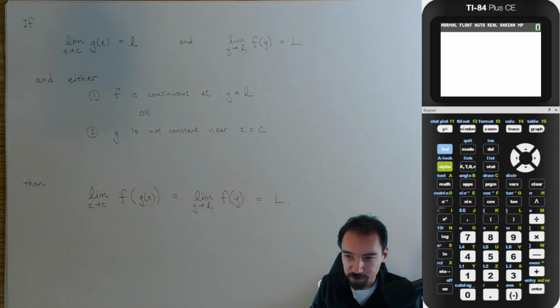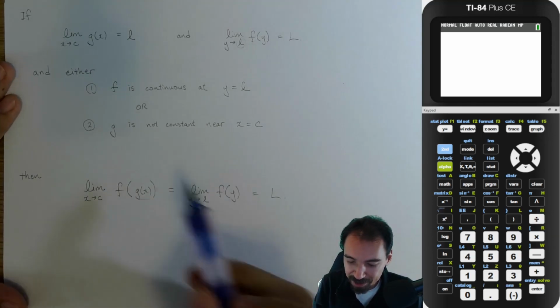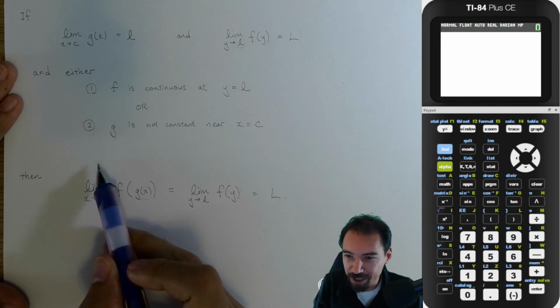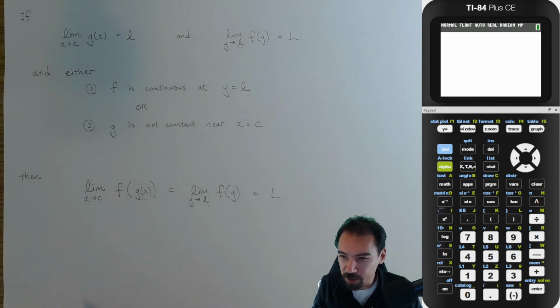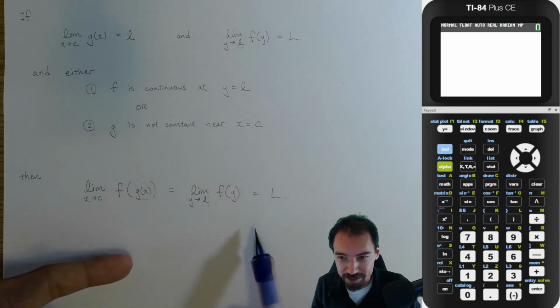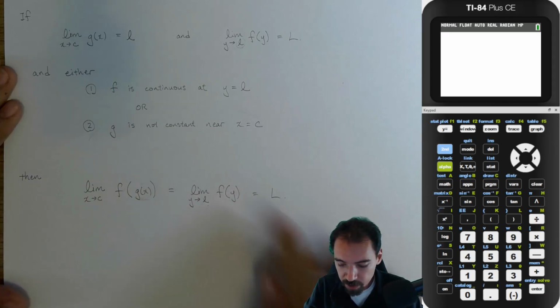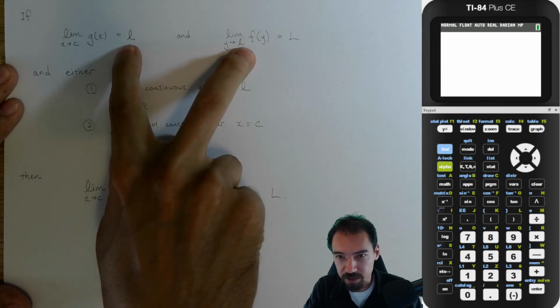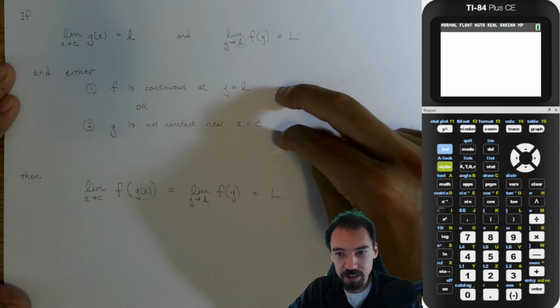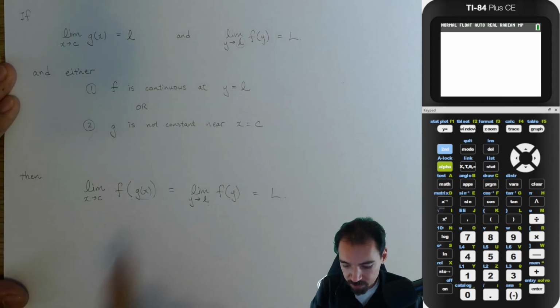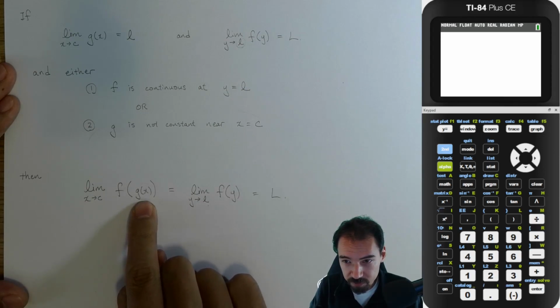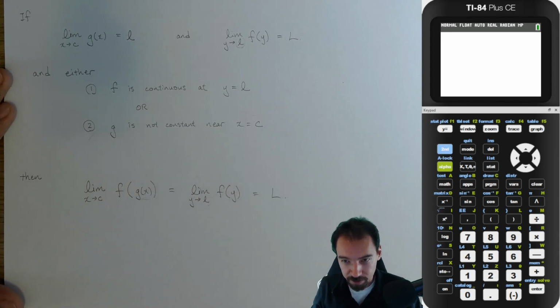It's a very technical thing, because if this happens to not be true and that happens to not be true, you can come up with very peculiar functions that break this idea. But either way, if these two limits exist, and if either one of these is true, then we're able to do the limit of the inside first, then the limit of the outside function.